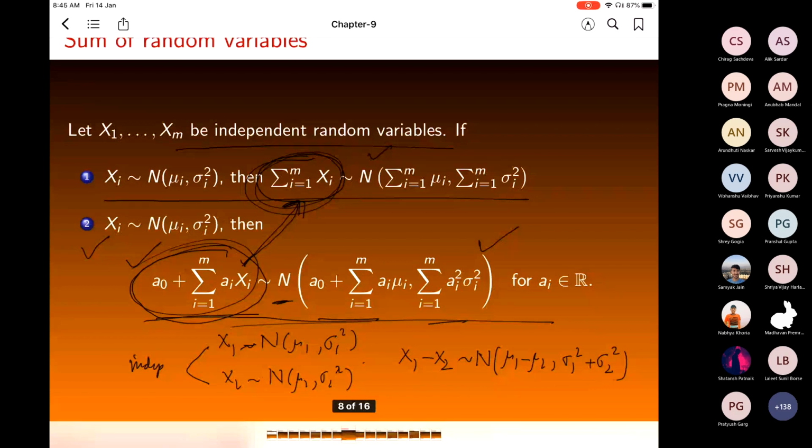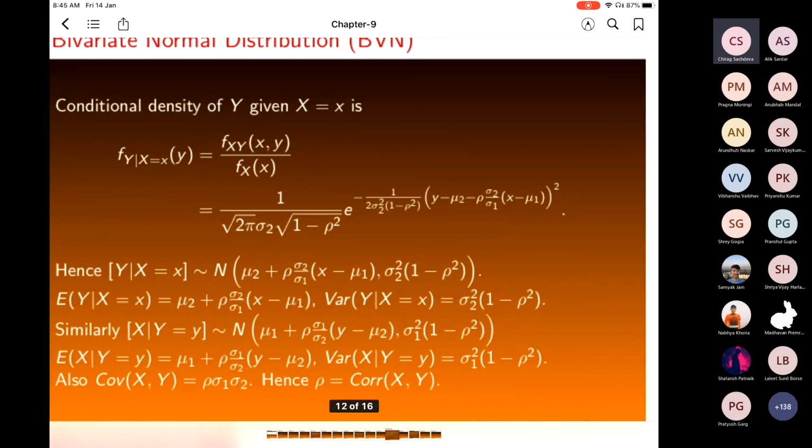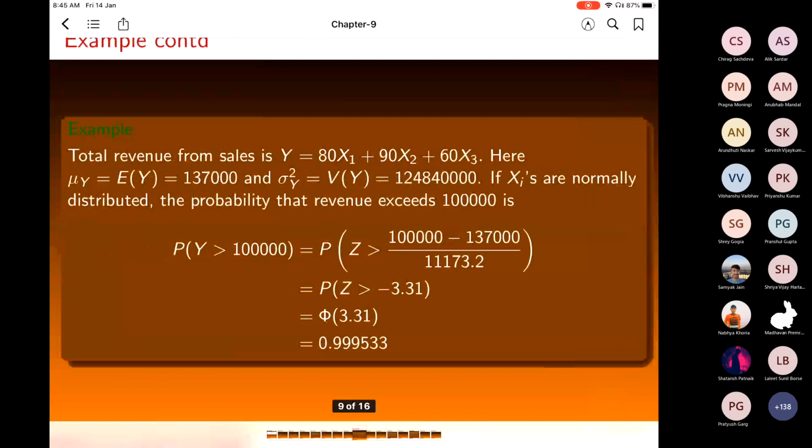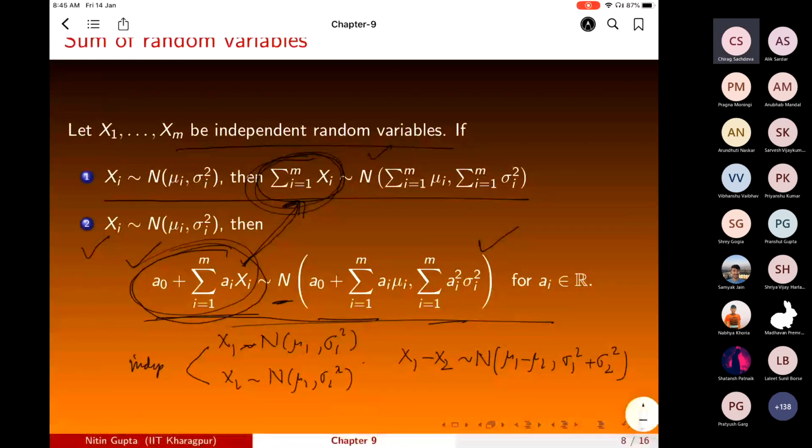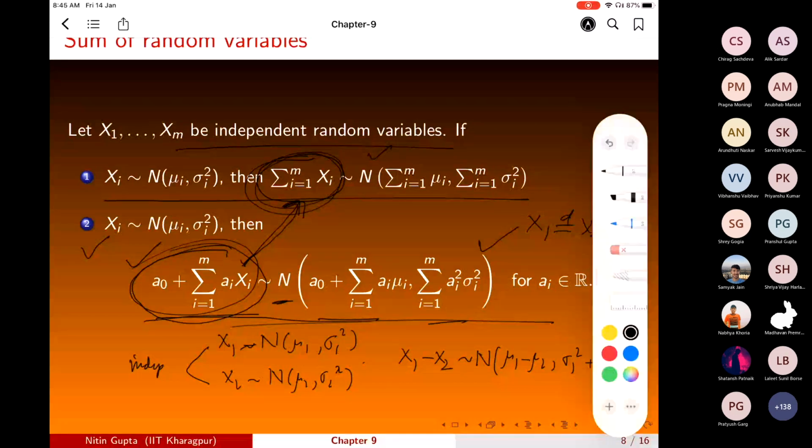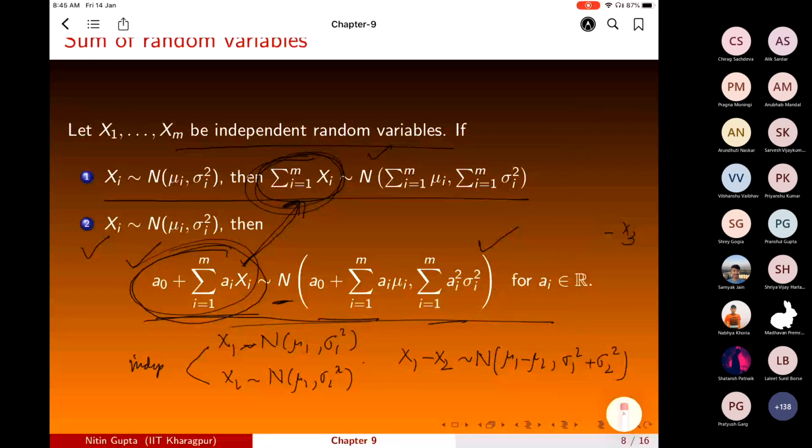Once you have taken them to be distributed the same, then you can write 3x. Otherwise that will not be. Then they are different, they are not independent. Once you are saying that they are distributed the same, then how are they independent among themselves?